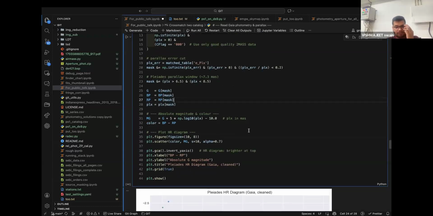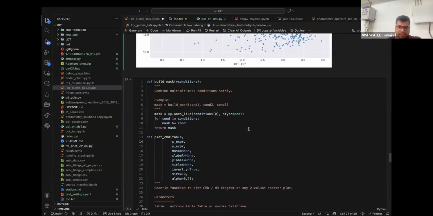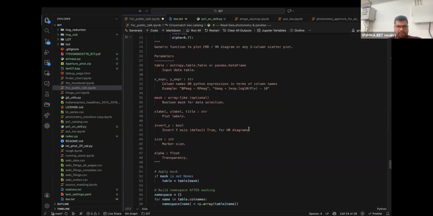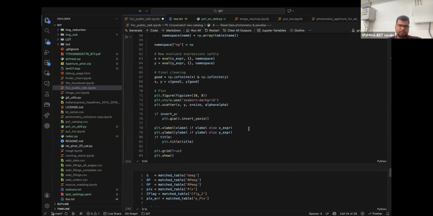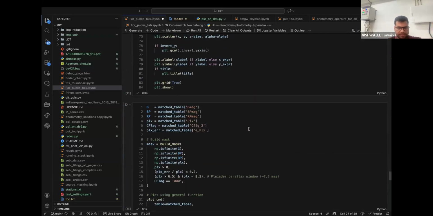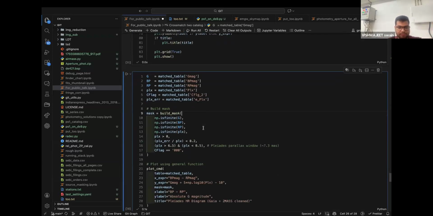Right. Okay. So likewise, we made the table, and instead of going to the coding, we will directly utilize it. This is an example of how to utilize that. Whatever x-axis and y-axis you want, you have to extract that from the table.